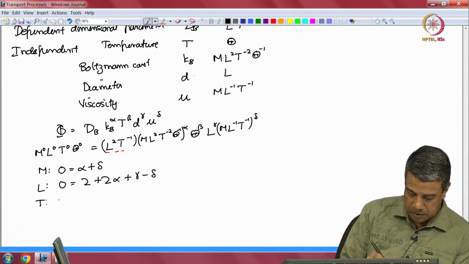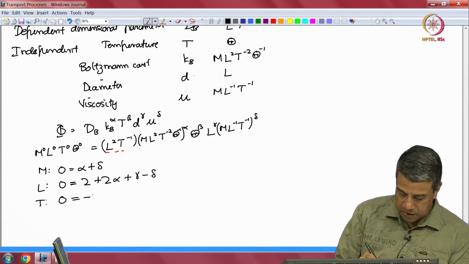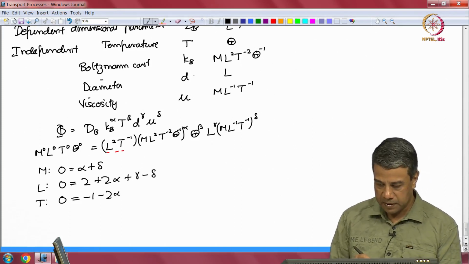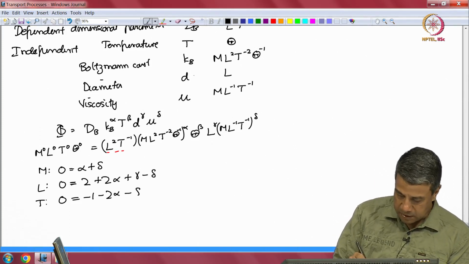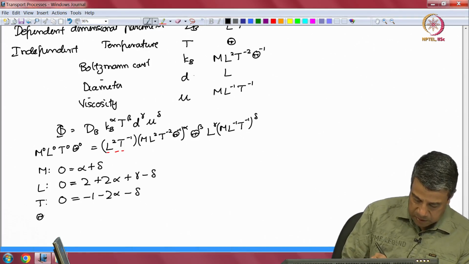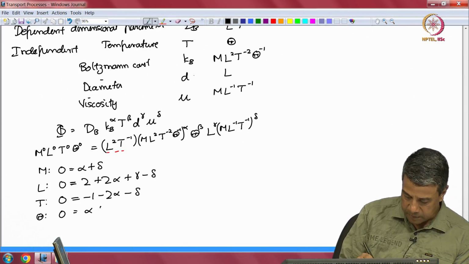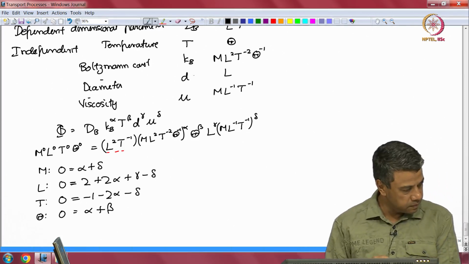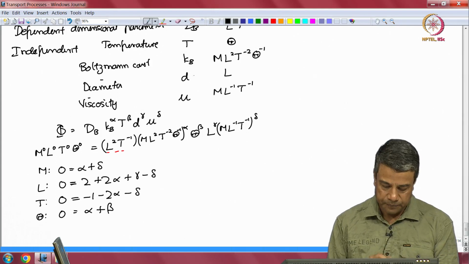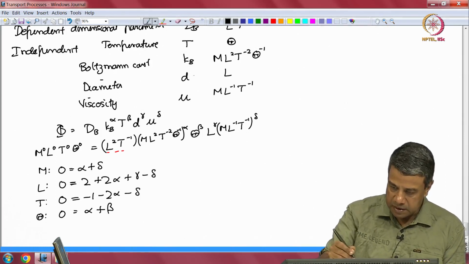Time dimension 0 on the left, from diffusion coefficient have minus 1, minus 2 alpha, minus delta, and the temperature dimension 0 is equal to minus alpha plus beta.